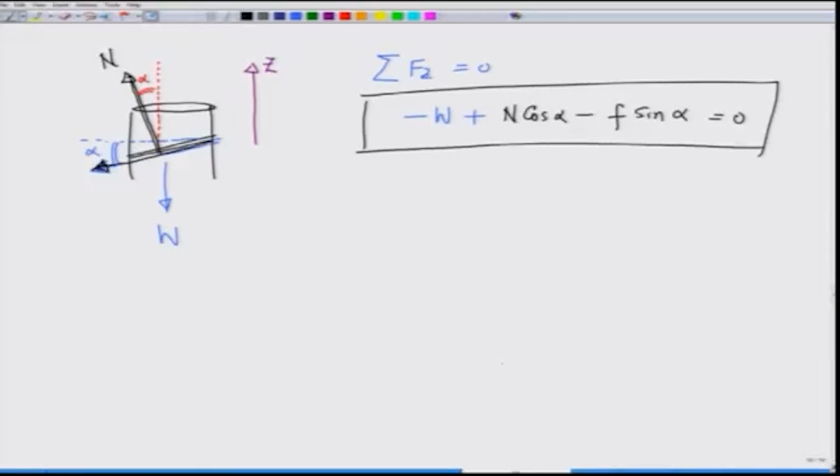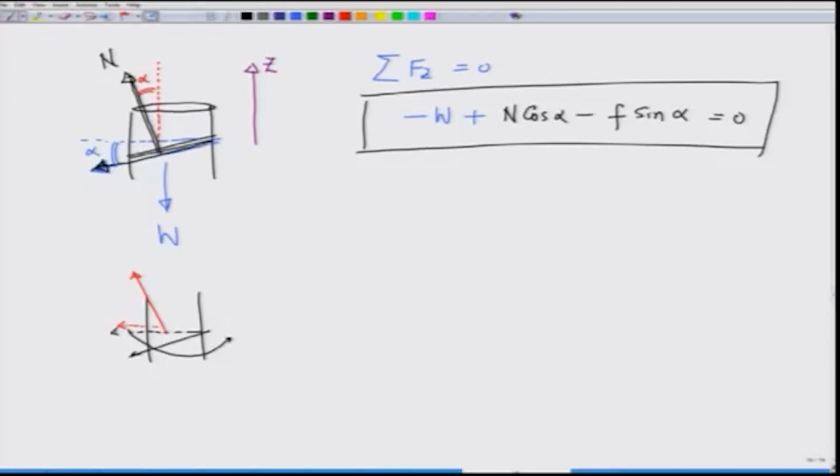And to lift the weight, the forces should be like this. I should also apply a torque, because the frictional force, its horizontal component, is producing a torque which is opposing the motion, and the normal reaction also has a component in the same direction which also opposes the motion.